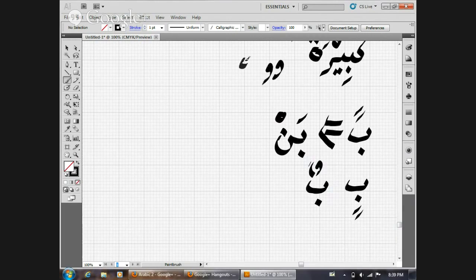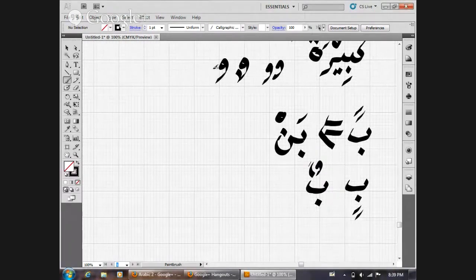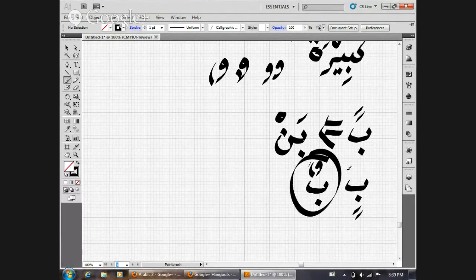One way is like this, and then you come up with the stroke. And one way is like this, and you go like that. If you see a dhamma, and then there's some other weird thing going on there, it's got to be a tanween. So how do you say this one right here? Bun. Very good. Very simple concept. Nothing complicated about it.